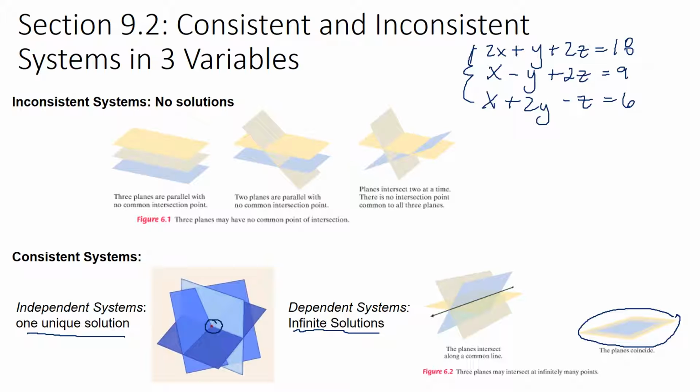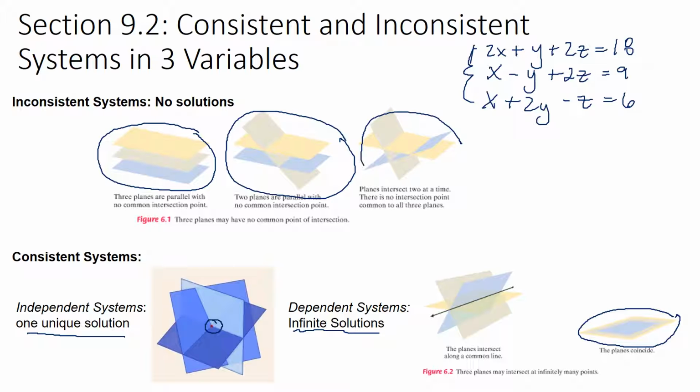If there are no solutions, it's either because the planes don't intersect at all, or two of the planes intersect but the third doesn't, or there are intersections but they don't all intersect at one single place. In this case, the system of equations would be called an inconsistent system with no solutions.